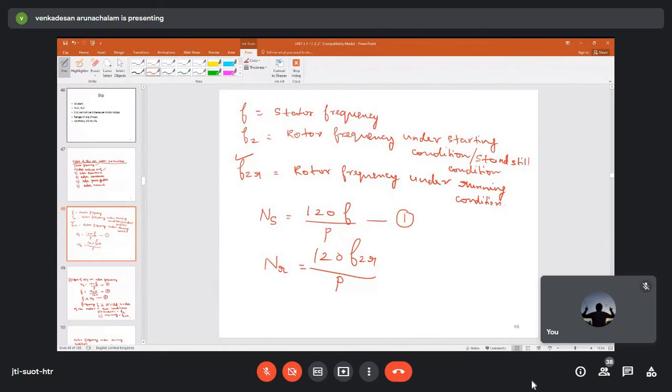It is coming like that experimentally. So once it comes experimentally, then only people realize, oh yes, it is right. So the rotor frequency is coming as the difference between the stator speed and the rotor speed. So why it is coming like that? Then only people understood that yes, it is right.